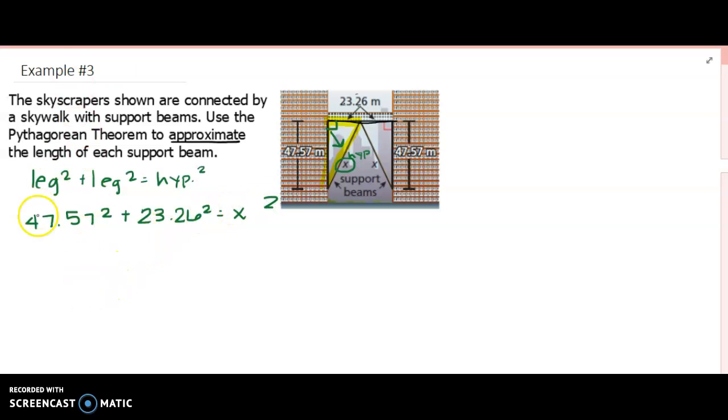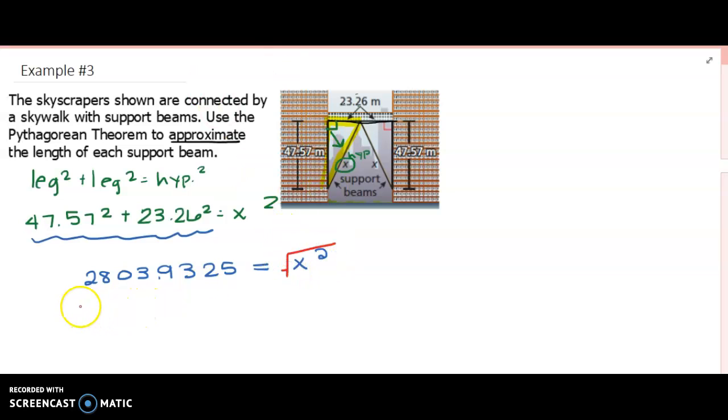Okay, and if I just plug this into my calculator, I get 2803.9325 equals x squared. And then to undo a square, we square root it, and I get x is about 52.95. And then our units of measure is meters.